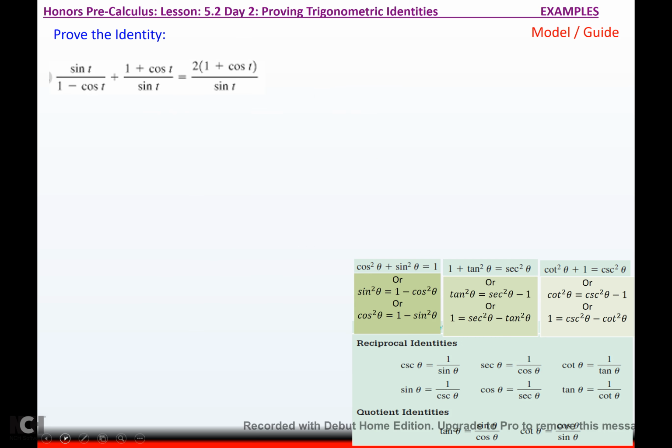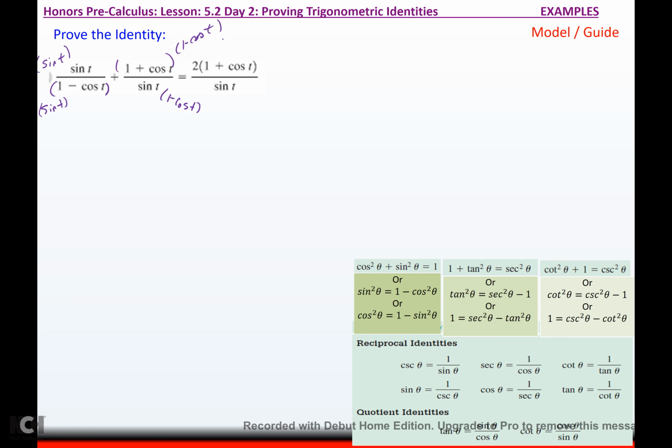Alright, so if we prove this one now, on this one I'm going to take this side and I want to get a common denominator. So I'm going to multiply this by sine t on the top, and this side I have to multiply by 1 minus cosine t.